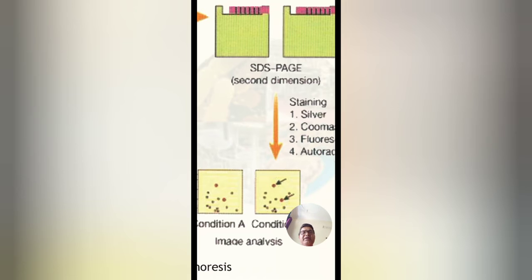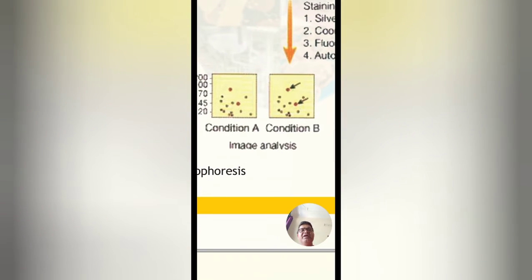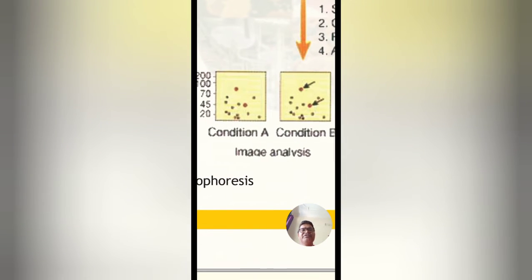Now in the next step we will observe the spotted structure of the proteins and we compare the two gels of the two different samples.